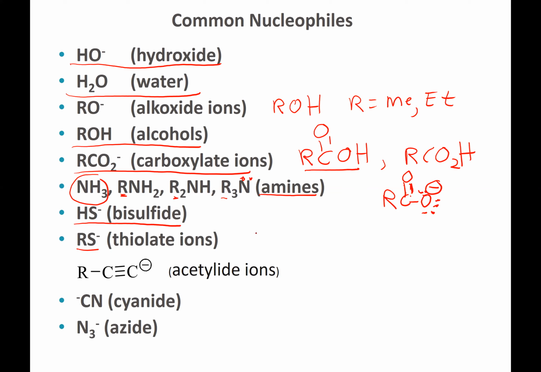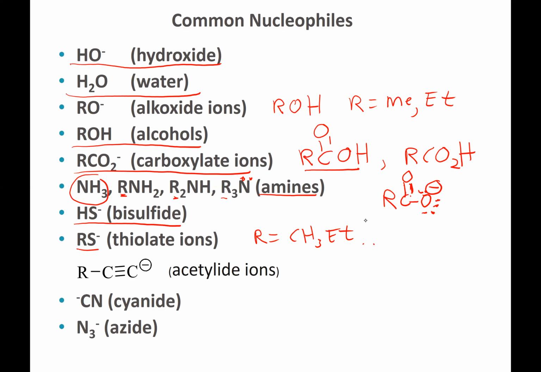RS minus, where R could be methyl, it could be ethyl, it could be anything. Those are called thiolate ions. The negative charge on a triple bonded carbon is called an acetylide ion. CN minus is cyanide. By the way, the structure of cyanide looks like this.